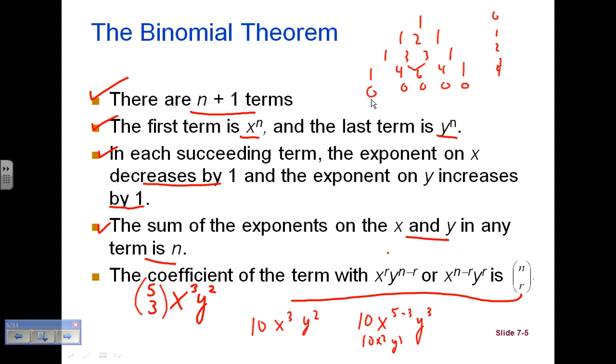So this would be 4 choose 1, 4 choose 2, 4 choose 3, 4 choose 2, 4 choose 1. Let's see if that works. 4 choose 3. And do I get 6? No. I get 4. Yeah, we'll figure it out.